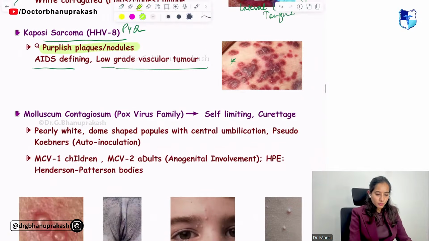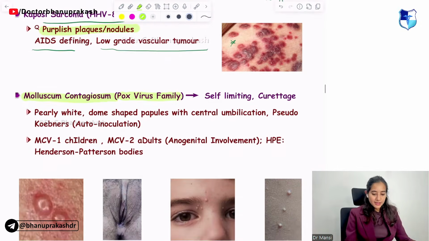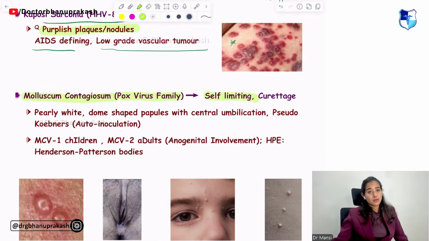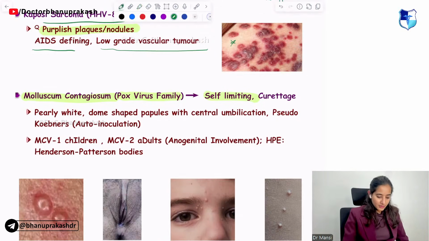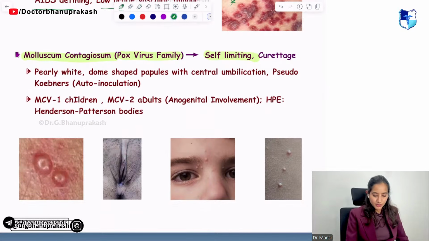Then we move to molluscum contagiosum. This is caused by the pox virus. It is a self-limiting condition, so even if you don't treat it, the patient will be fine after some time. You have to be able to make a spot diagnosis here.